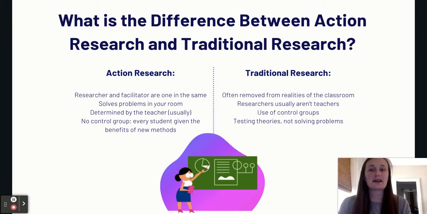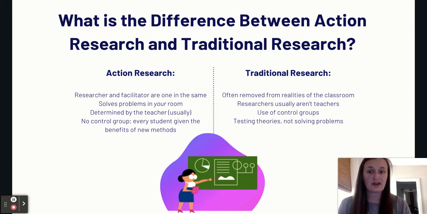So the difference between action research and traditional research. In action research, the researcher and facilitator are more often than not one and the same, and that would be the teacher. The teacher is coming up with a question, and they are the one testing out that question, testing out the data. It solves problems in your room.